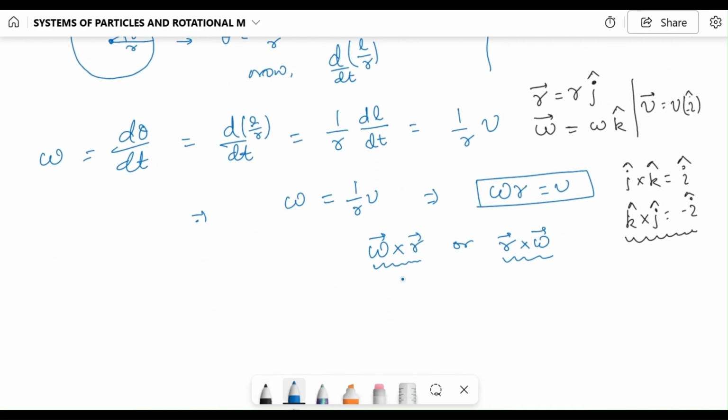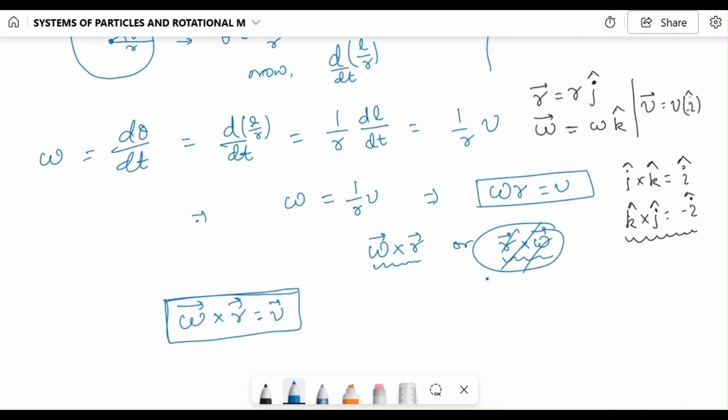Finally we can write omega cross r, and this gives the direction of the velocity vector. So omega cross r equals velocity. We have obtained the relation between linear velocity and angular velocity. The other order is not going to give us the appropriate result.